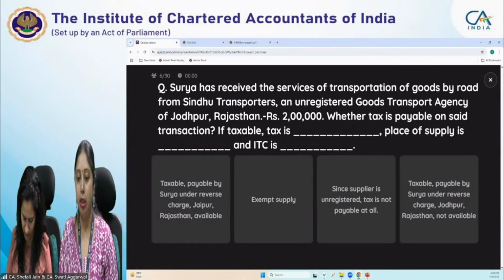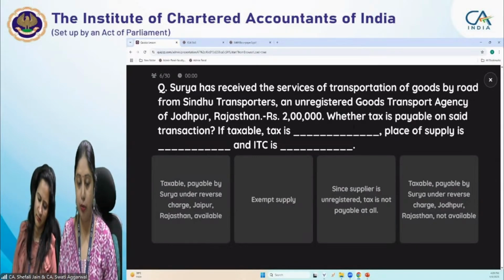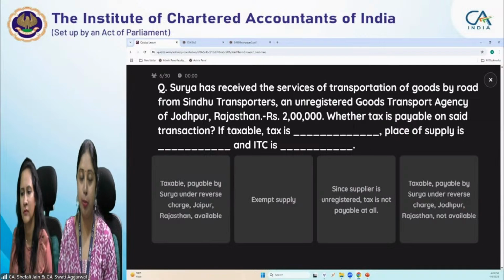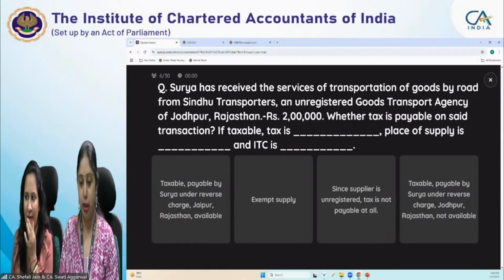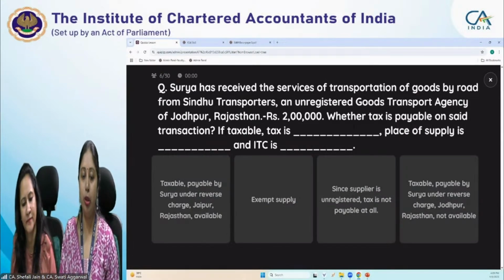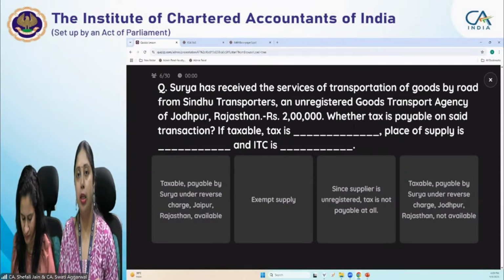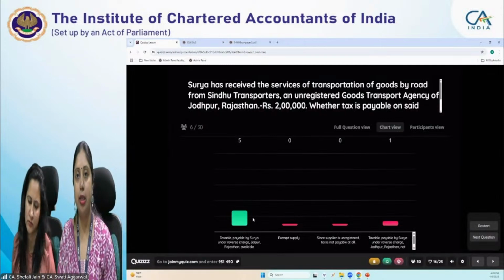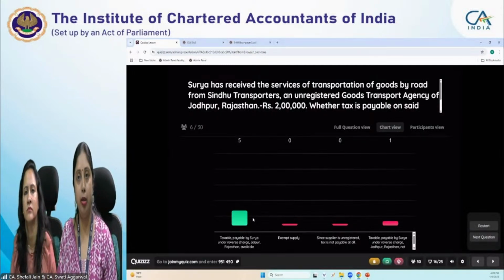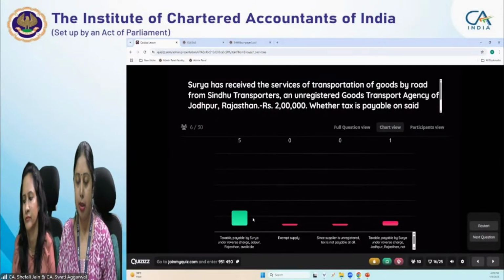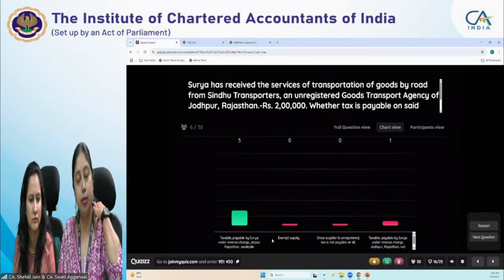That means the place of supply will be Jaipur, Rajasthan. And whether ITC is available or not. Now, this particular service is being used in the course or furtherance of business. Therefore, ITC is available. Hence, the correct option is tax is payable by Surya under reverse charge, and ITC is available.